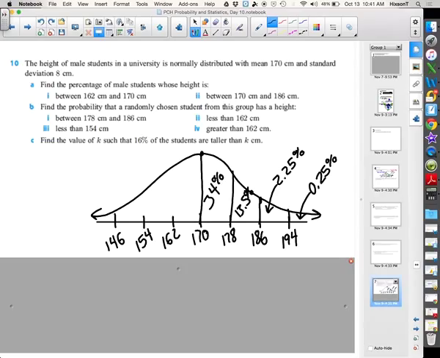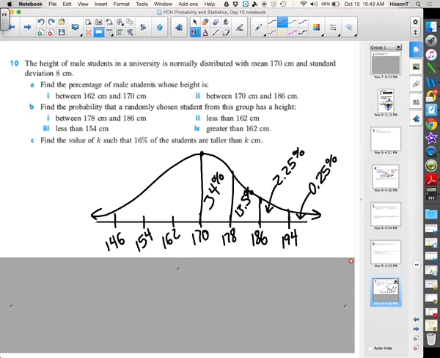Okay. So your bell curve should look something like that. The values along the bottom are really the most important. Making sure that you get those numbers right. So, between 162 and 170 would be what percentage? 34.